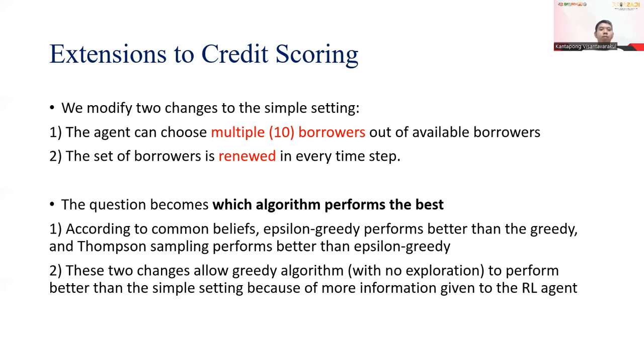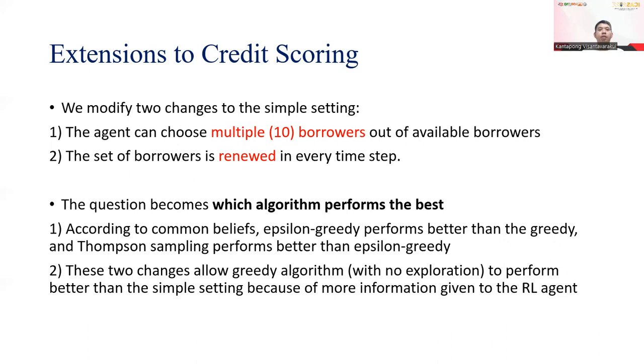And the question becomes instead, which algorithm performs the best? Because on the one hand, in the simple setting the epsilon greedy performs better than the greedy, and Thompson sampling performs better than epsilon greedy.